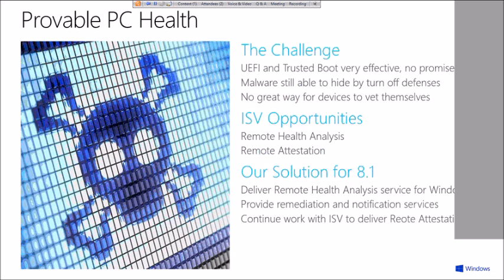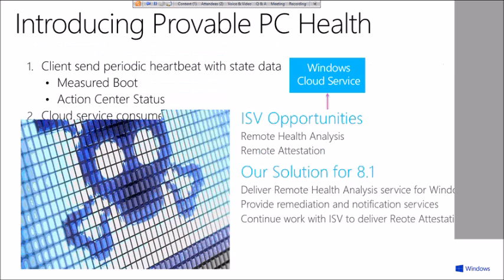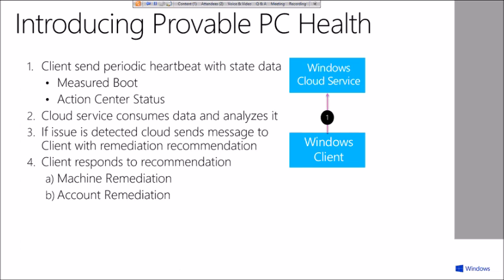What am I talking about? So this is a high-level architectural graph. Imagine your Windows client starts. It will send periodic heartbeats to a cloud service, which will include the measured boot log, as well as the Action Center status. So Action Center status, for those to recall, is all about, is my firewall on, do I have all updates, and so on.